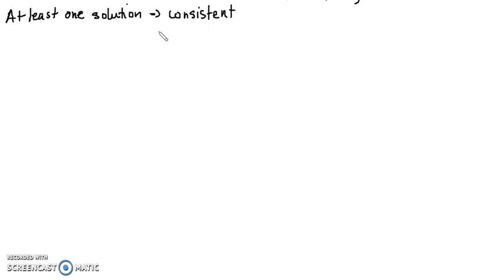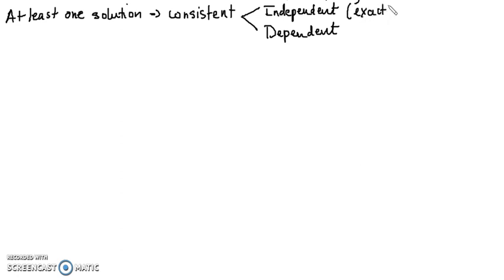All right. And a consistent system can be either independent or dependent. So for example, in the independent system, we have exactly one solution.